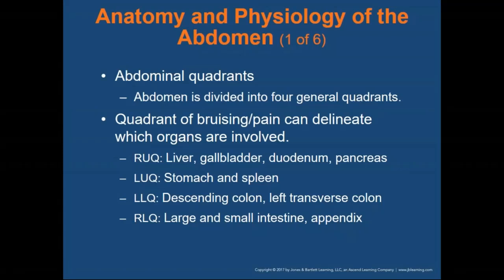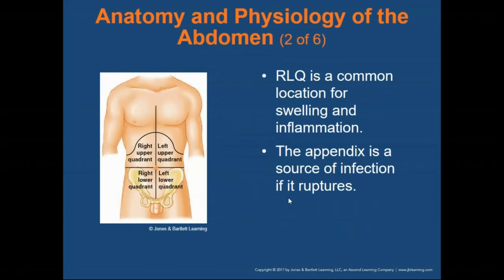Then left lower quadrant, that's descending colon. And then right lower quadrant is going to be mostly small intestine and a little bit of the large intestine, and then the appendix. There again is that division.